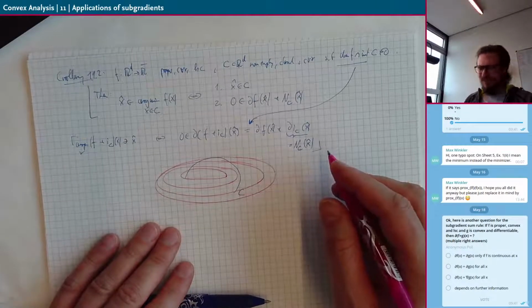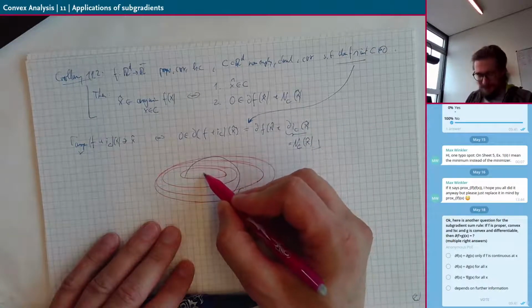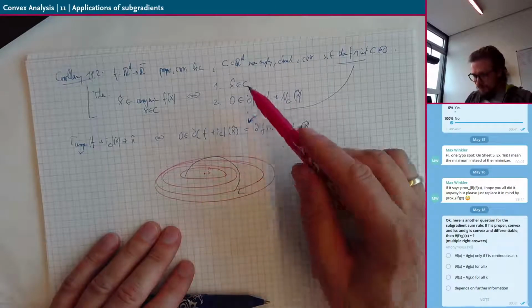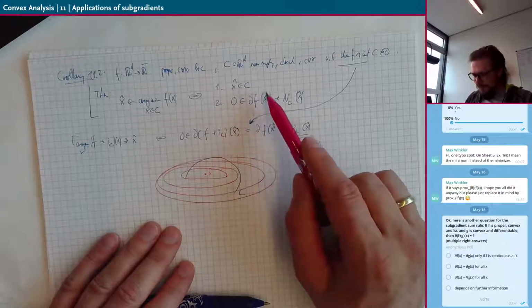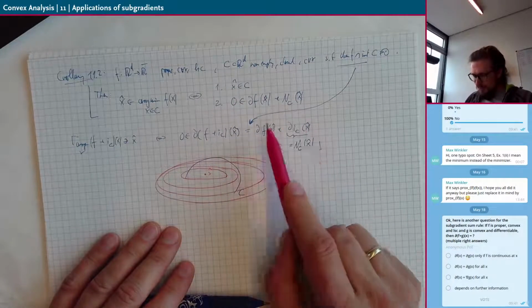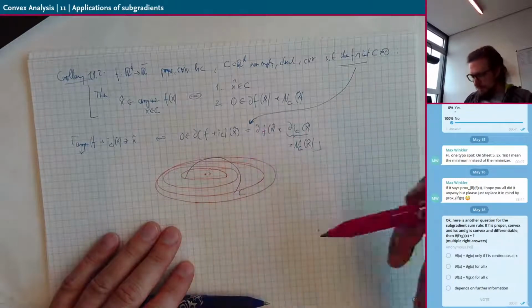Now the picture is bad because the minimum would be here. This would be x hat, and the formula still applies because that's the minimum. It's inside C, and the characterization says it's inside C, and the normal cone at interior points is only 0. So that's it. Okay, the big picture was bad.